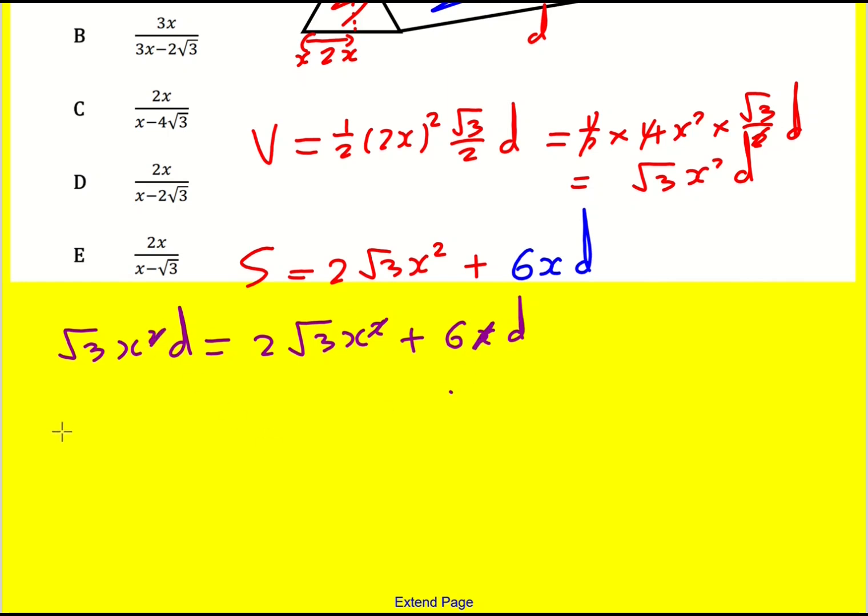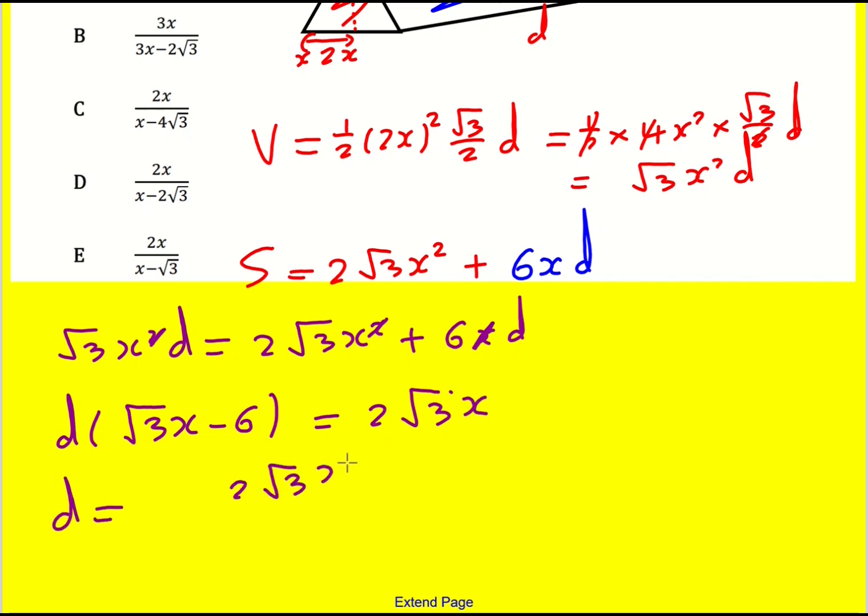And now I want to make d the subject, so let's get them on the same side. So d times root 3 x minus 6, I've subtracted and then factorized out the d, equals 2 root 3 x, which means d equals 2 root 3 x divided by root 3 x minus 6.